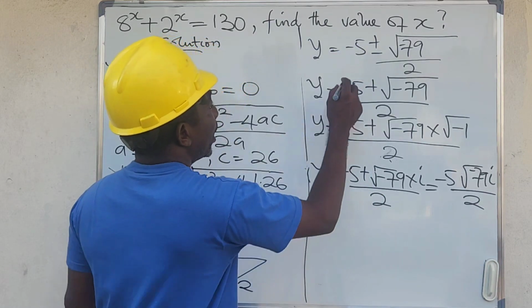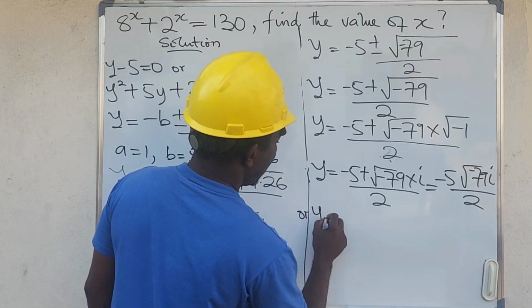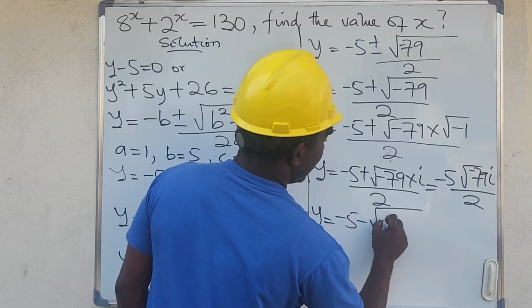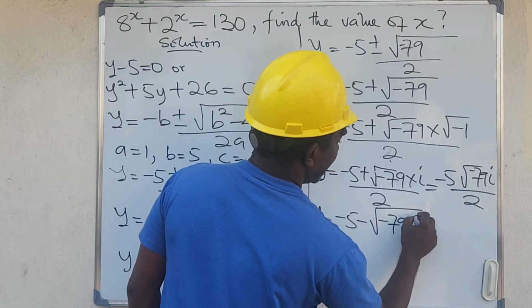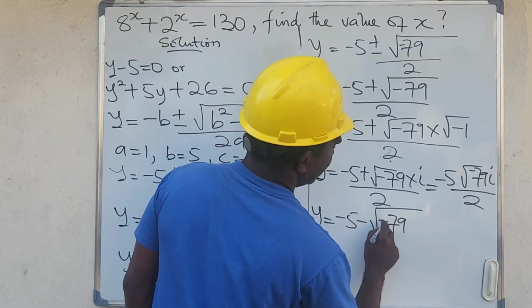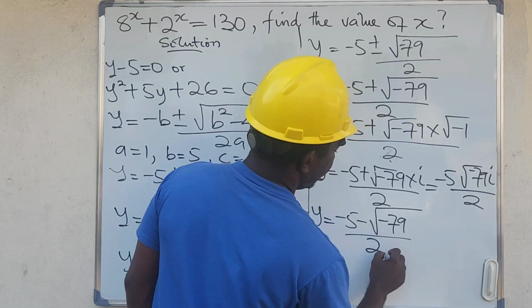The second value of y, which we are going to take with the minus sign, is y equals minus 5 minus the square root of minus 79, all over 2.